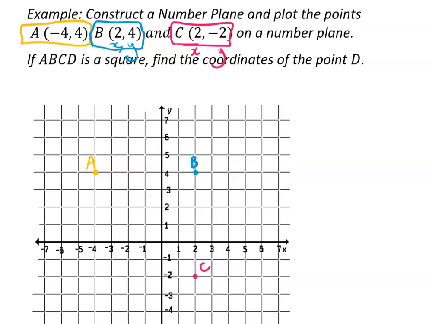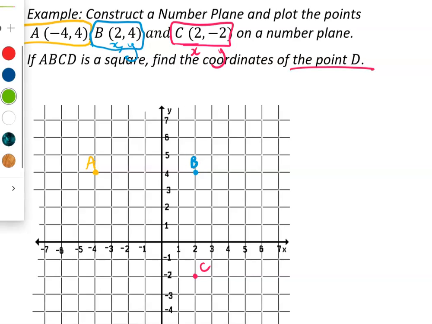Okay, so we've plotted all these points here on our number plane. Question says, if A, B, C, D is a square, find the coordinates of the point D. So we've got A, B, and C. We need to make another point so that we have a square. So if you have a look, here's two sides of our square. It goes across 1, 2, 3, 4, 5, 6.